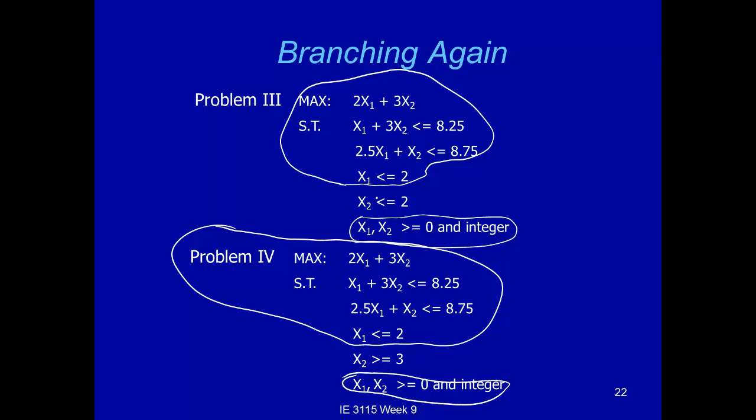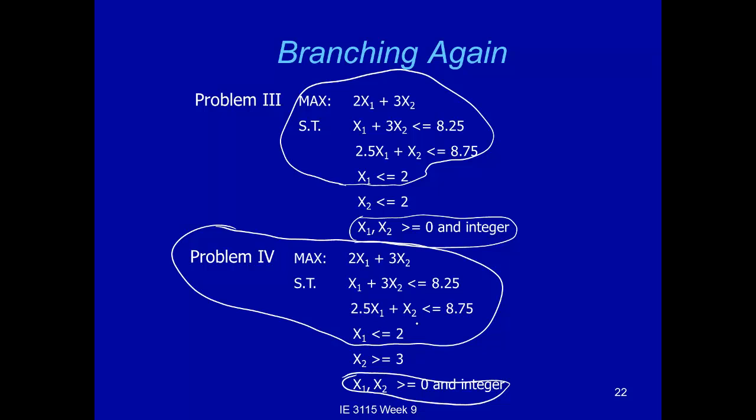And we continue to branch on it. We add x2 less than or equal to 2, x2 greater than or equal to 3. Because it's not very obvious that x2 greater than or equal to 3 will be infeasible. In this case, we do have the graphical representation. We know that when x2 is greater than 3, it's infeasible. But in many cases, we won't be able to know, especially if we don't draw it.